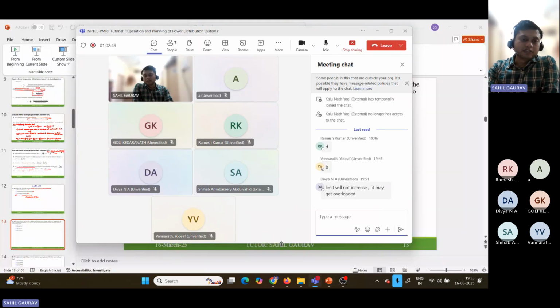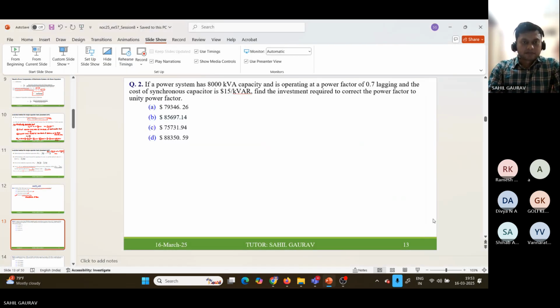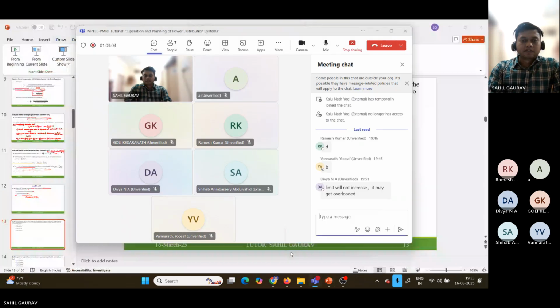You were asking about the current assignment also. What is your doubt? Yes, there is a similar question in the current assignment. That is multiple choice: what are the outcomes of reactive power compensation?